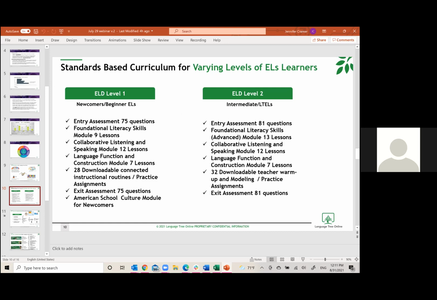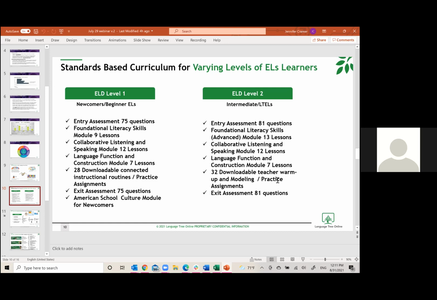The rigor goes up quite a bit from Level 1, I will say that. But the assessments, the entry assessment, it's a little bit longer. Instead of 75 questions, there's 81 questions all in. And you'll see those same 3 areas: the foundational literacy skills, collaborative listening and speaking, and language function and construction.